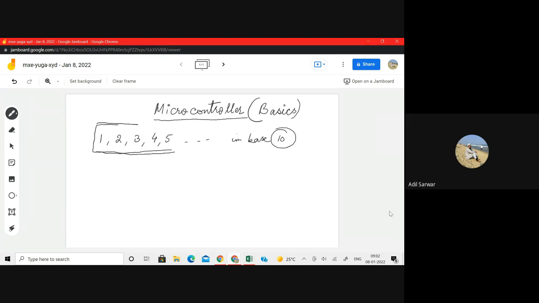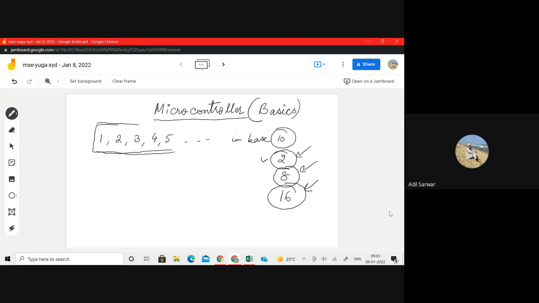But these same numbers can be represented in different bases also, in base 2 or base 8 or 16, and their representation differs in all the different base representation systems.